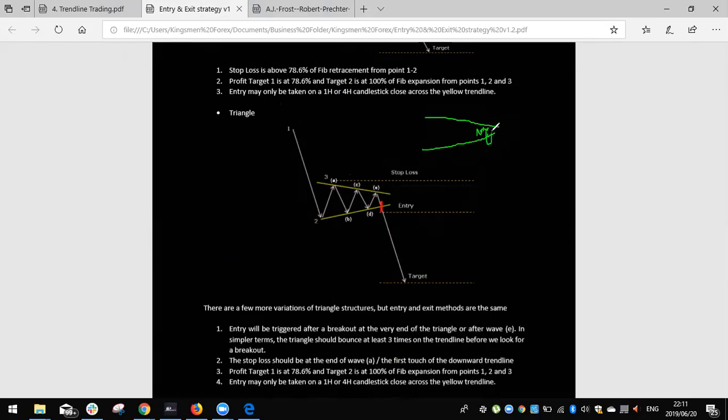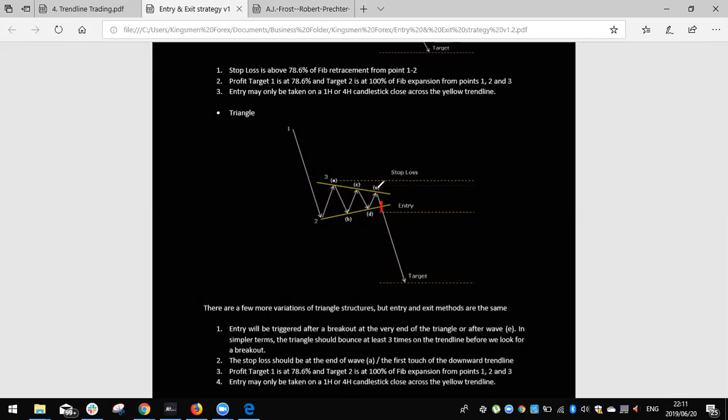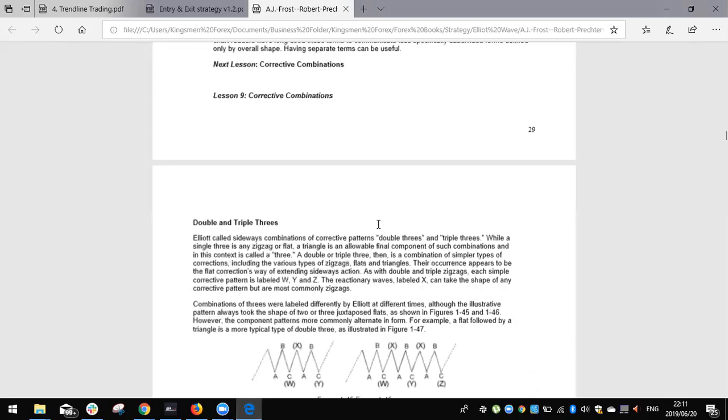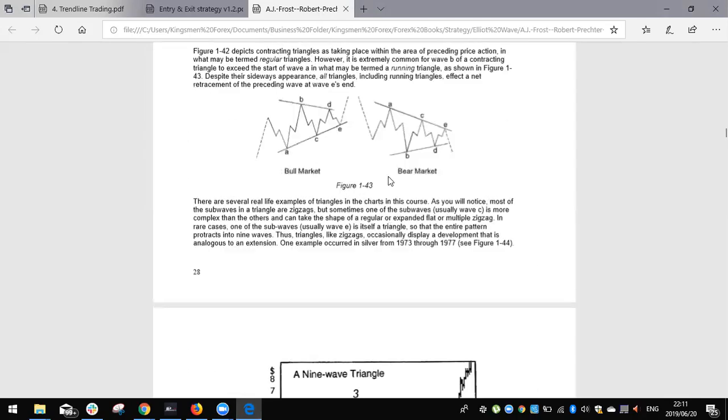So the best entry sometimes would be the breakout of the main trend line, because it can get really, really narrow. But if it's forming in a high time frame, you can catch an entry there, and then maybe a second entry. That is basically the types of correction.